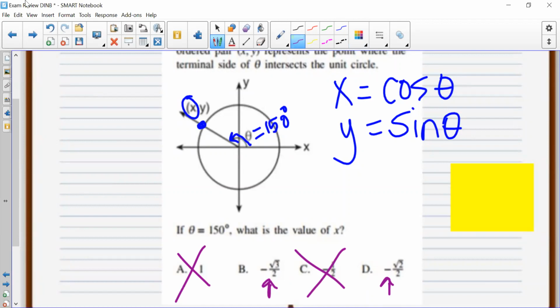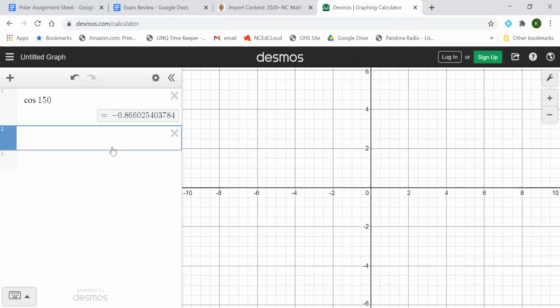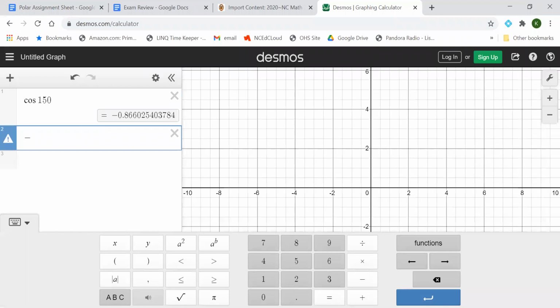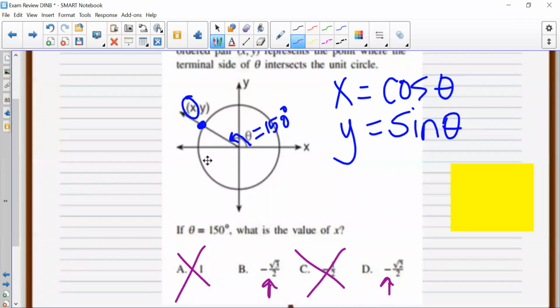So now I can go back to Desmos and type in negative √3/2. I'm going to leave cosine of 150 there so I don't have to memorize that decimal. And I'm just going to do negative square root 3/2. And look, that is the same decimal, so I know that's the answer. Okay, so I know B is the answer because it was the same decimal.